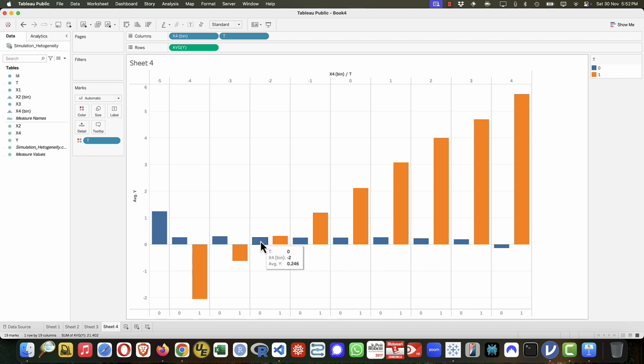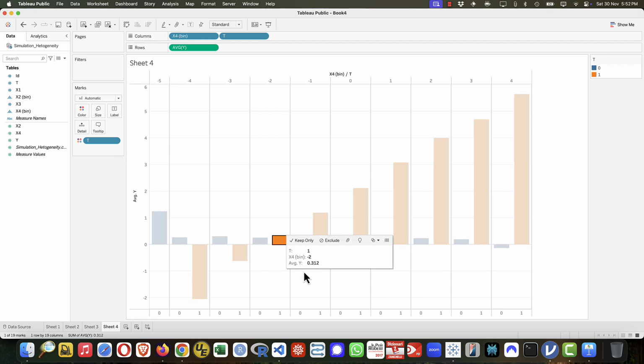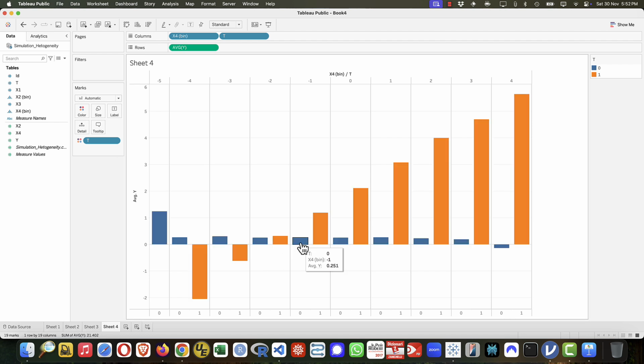Look, here, they're pretty much the same. 0.24, 0.31. Look here. I go from 0.25 to 119. It's a big change. Bigger. From here to here. From here to here. From here to here. It seems that the effect is getting bigger and bigger as I move to the right. Okay? So it looks like I have a heterogeneous effect with respect to x3 and x4, but not with respect to x1 and x2.